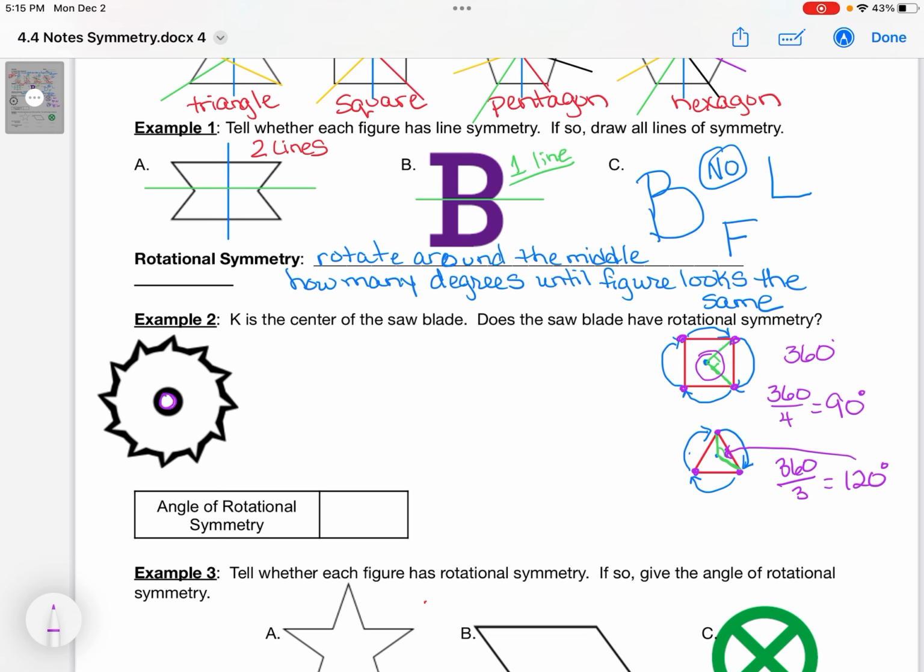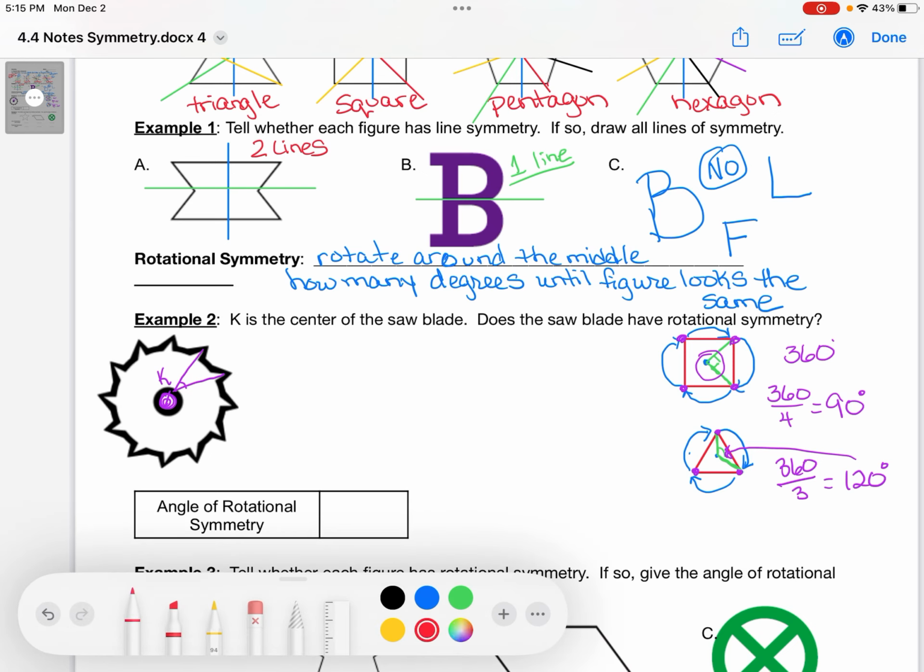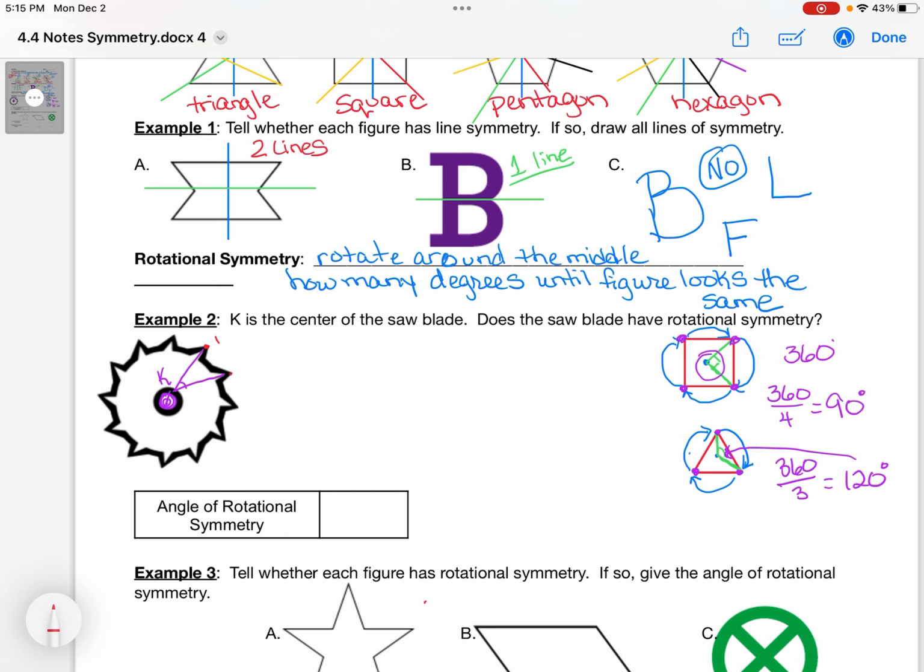Okay, now I have this saw blade. Here's the middle, and apparently that's point K. Okay, we're going to ask, does it have rotational symmetry? And the answer is yes, because there are places where I could move my saw blade from here to here, and it would look exactly the same. So how many places are there, how many corners are there where I could stop and it would look exactly the same?